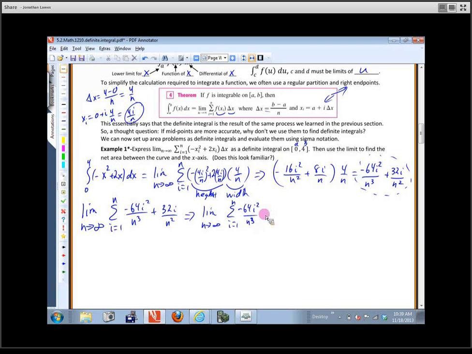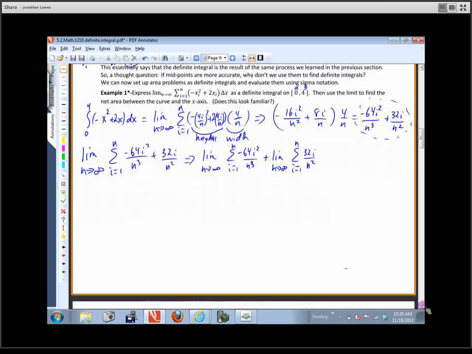And then plus the limit as n approaches infinity, sum i equals 1 to n, and this is going to be 32i over n squared. Everybody okay there? Did you get them all written down correctly? Make any mistakes? Okay, we're in good shape?